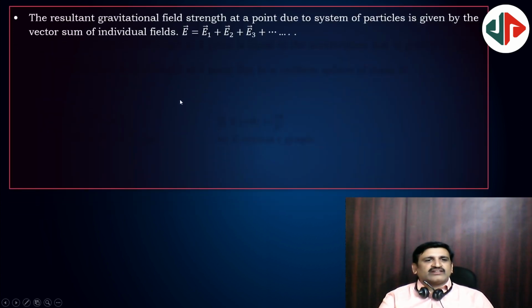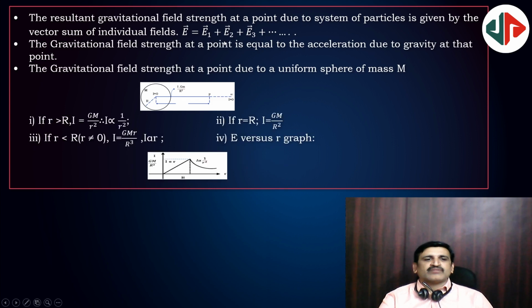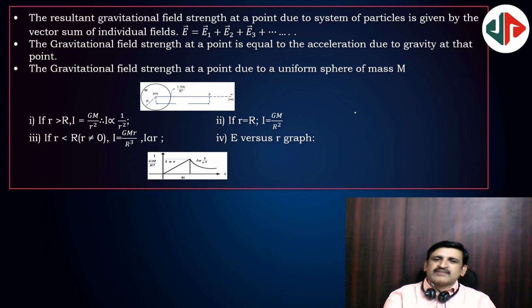Next, the resultant gravitational field strength for multiple masses is I bar is equal to I1 plus I2 plus I3. And the I versus graph will be like this. See, this is not E, this is I only. I versus R: electric field and gravitational fields are similar, so that's why we use that word. I is equal to Gm by R square is the formula actually.